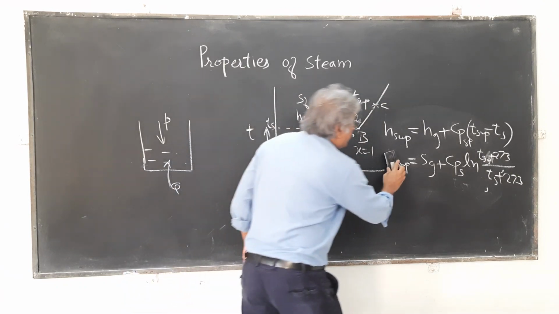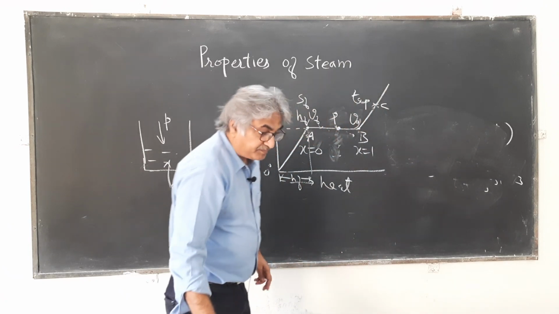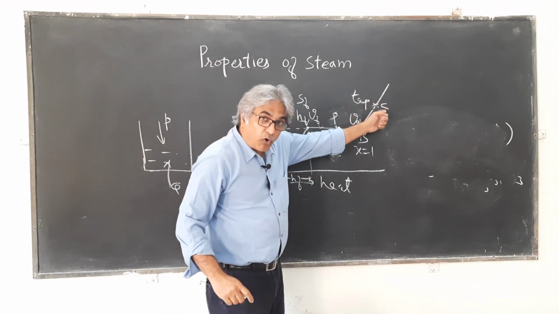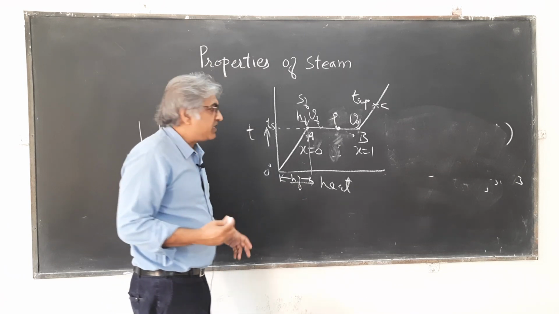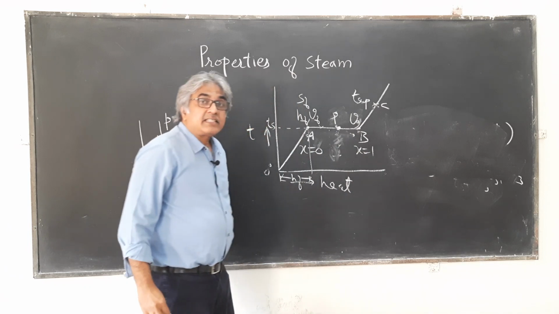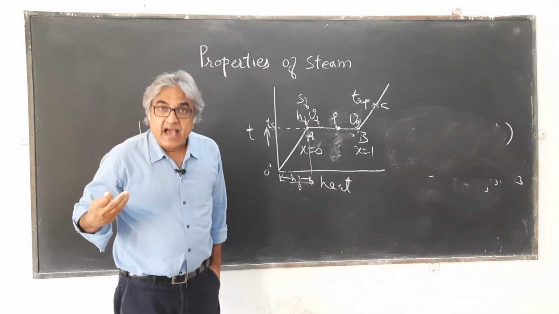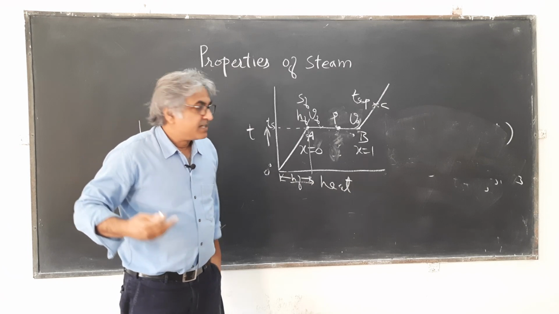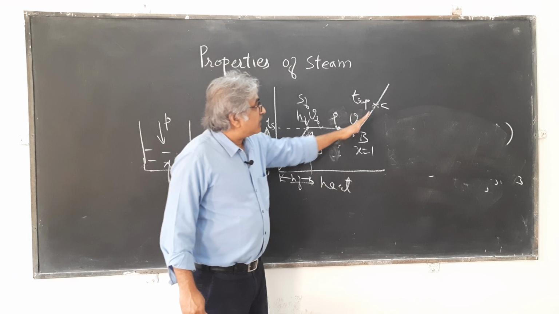Similarly, along the same lines, if you want to find the volume of superheated steam, that means specific volume, because you are considering 1 kg. Please note that in this region the steam is superheated and superheated steam behaves like a gas, so you can apply gas laws. Points B and C lie on a constant pressure line.